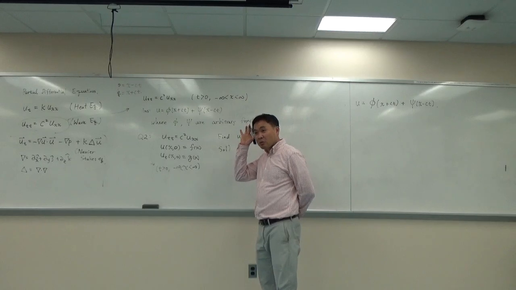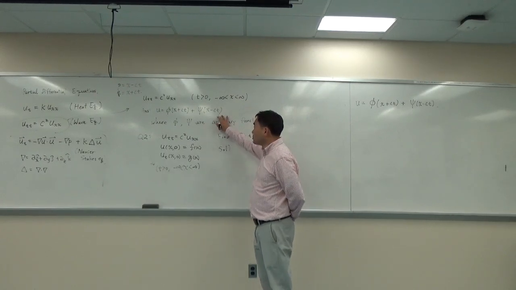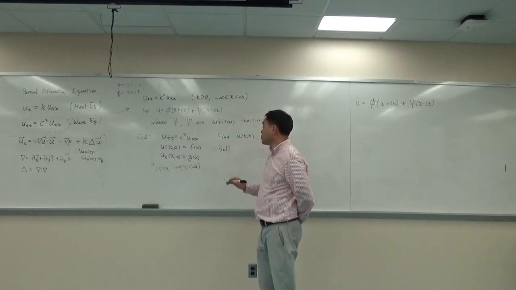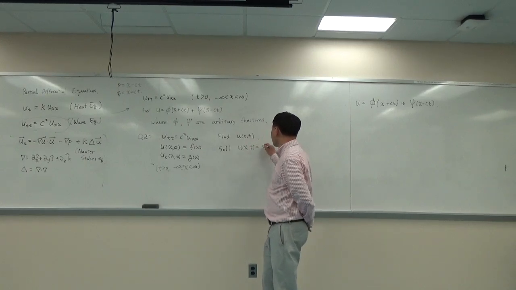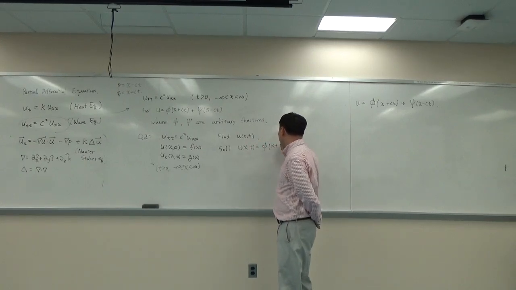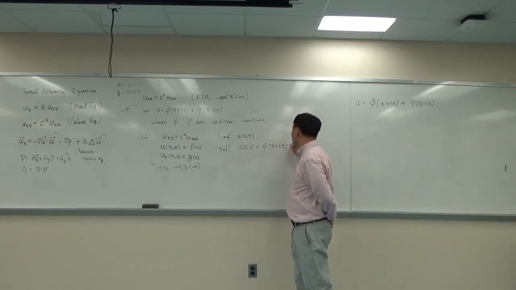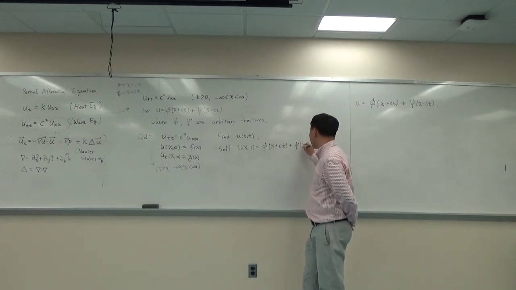And now it's a lot easier because we already know the solution to the first one. So we start from this. We're not starting from scratch. We start from this solution. So we already know that u(x,t) is some function phi of x plus ct plus another function psi of x minus ct.